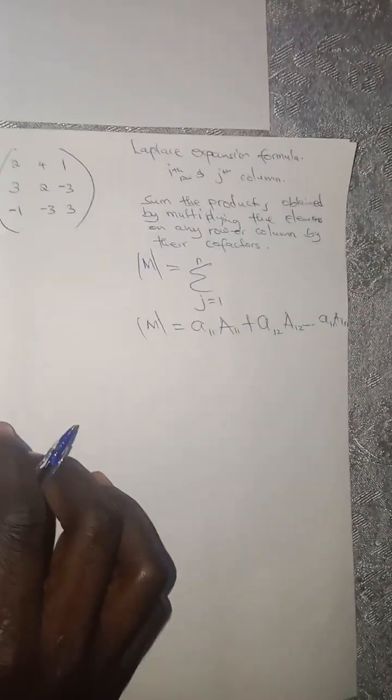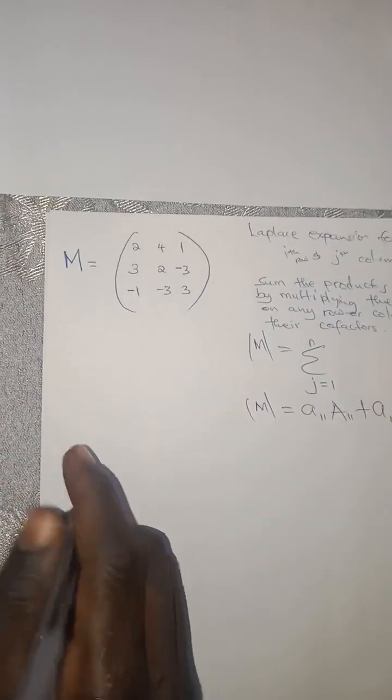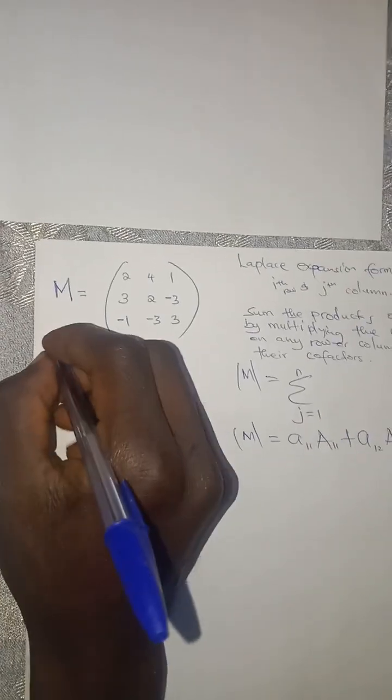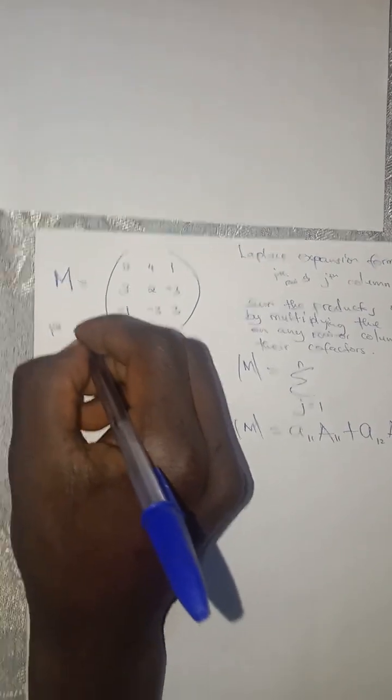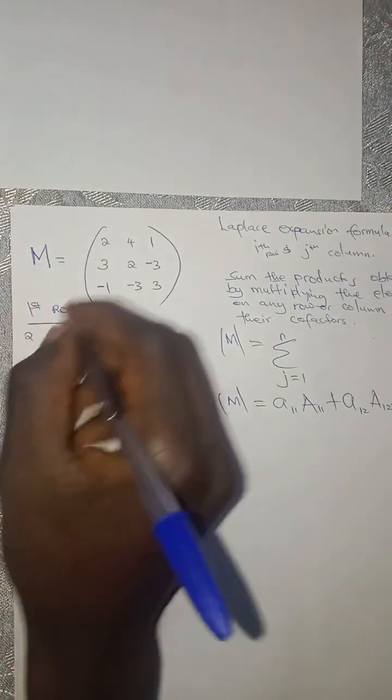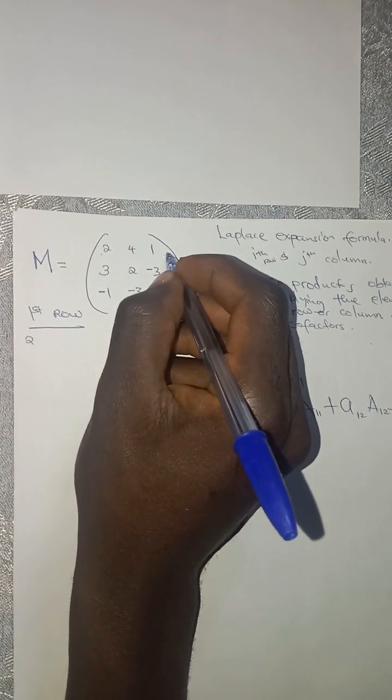So, for example, in this case, the matrix M, by expanding using the first row, we will have 2, and we cancel the elements in the row and column where 2 lies.